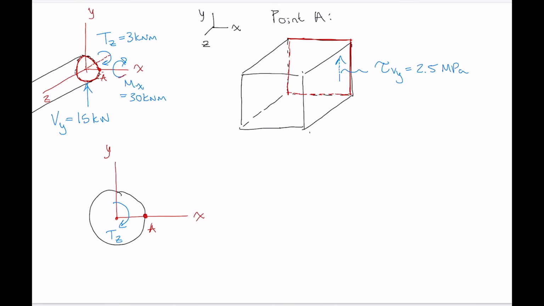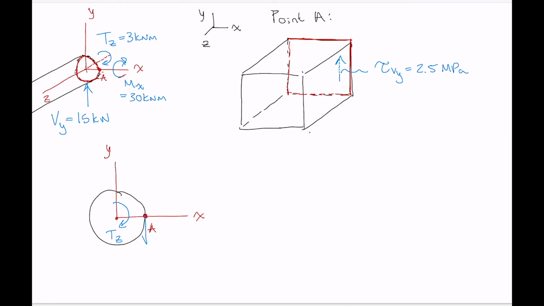Okay, so the shear stress caused by an internal torque is easy. We know that at any point that we want, let's say point A in this case, the shear stress is oriented tangent to the circumference, or tangent to a radial line connecting your point to the center, and oriented in the direction of the torque.